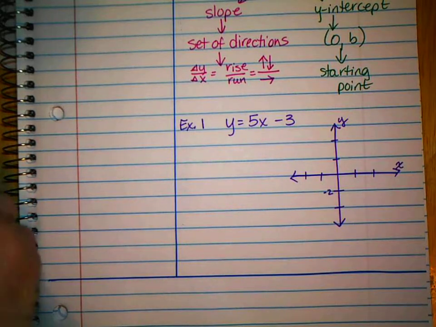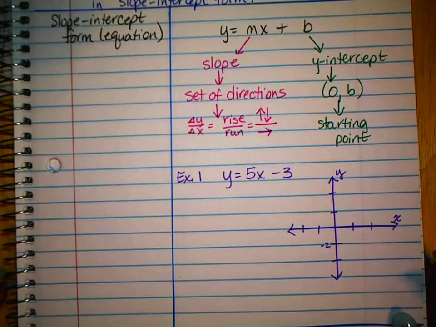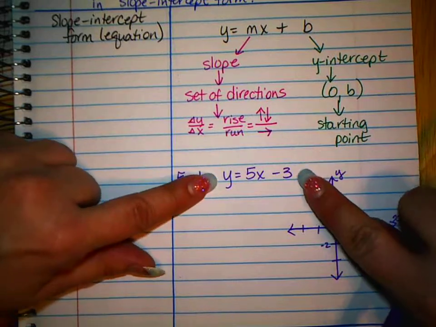So what do we know from this equation? Well, it's actually in our slope-intercept form of the equation. Y equals mx plus b.